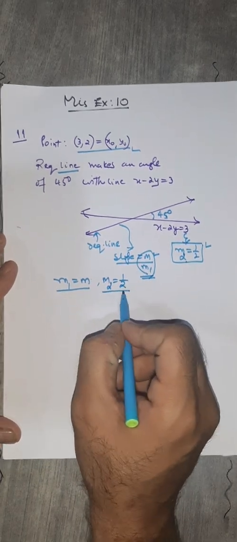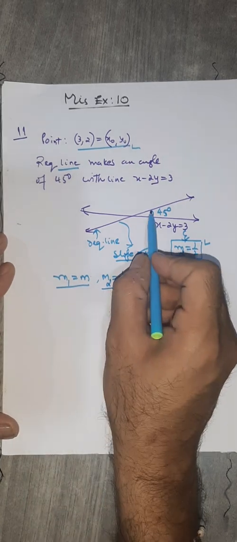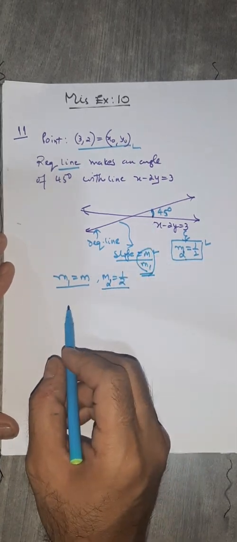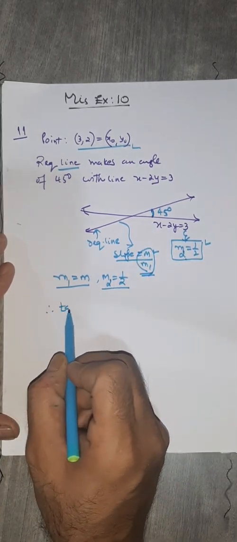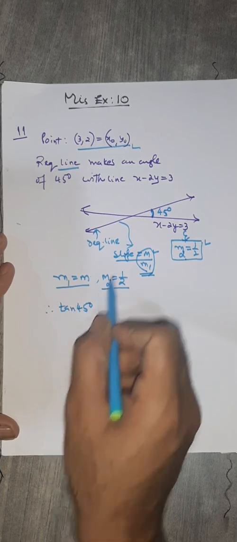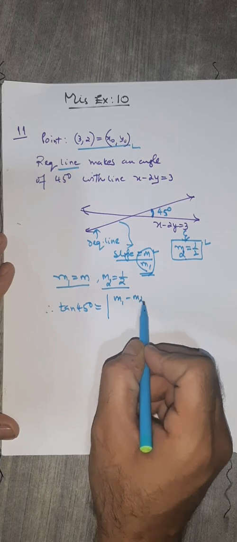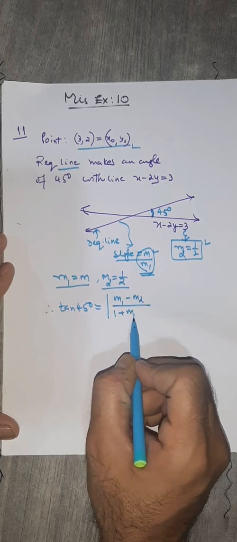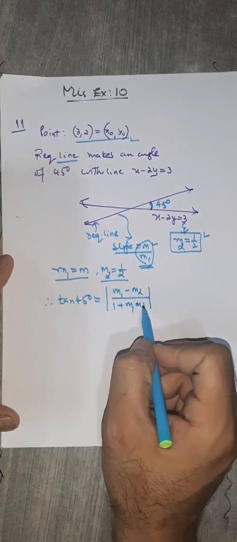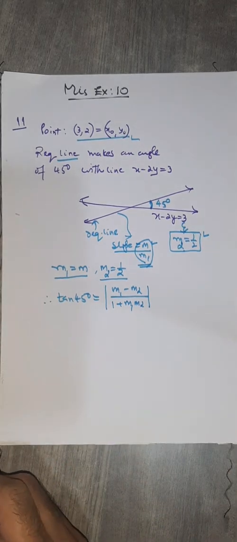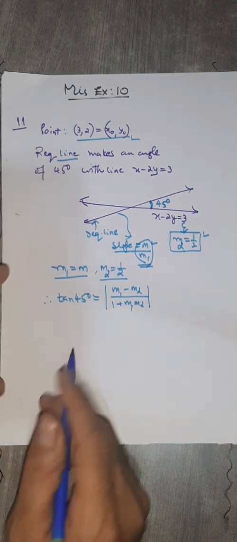Which is 1 upon 2. So we now use the formula for the angle between two lines. Tan 45 degrees, 45 you are given, equals modulus of (m1 minus m2) upon (1 plus m1 into m2). We have used the formula to get the angle between two lines.